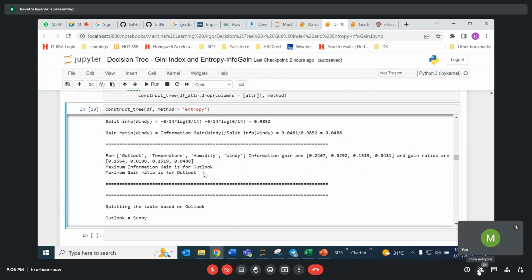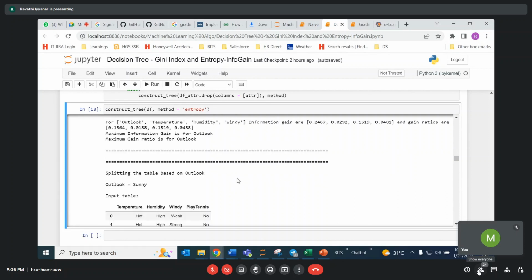It will have maximum information, and that won't be useful for constructing the decision tree. For those cases, either we need to do preprocessing to exclude it, or we need to apply gain ratio. Got it. Yeah. Thank you.